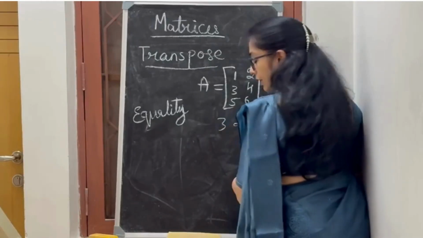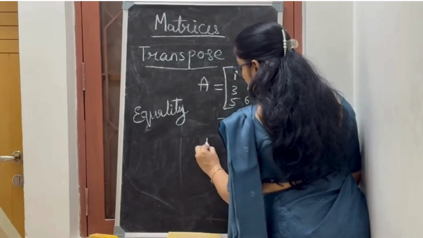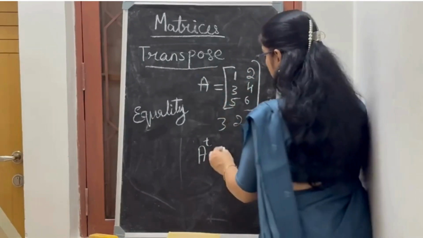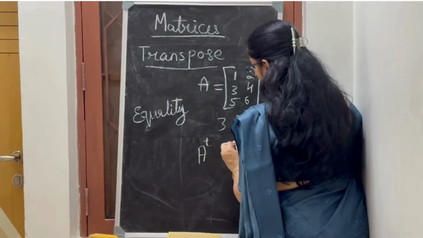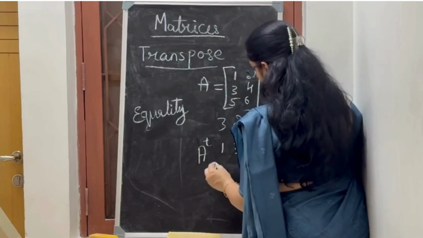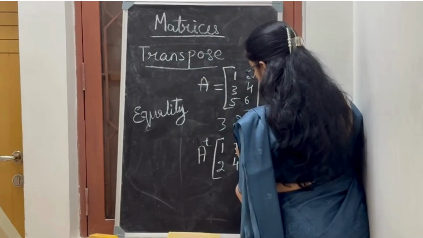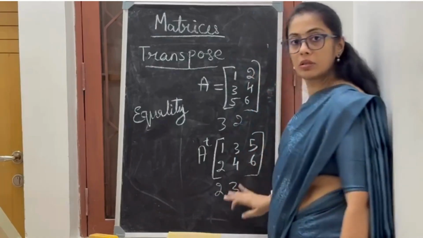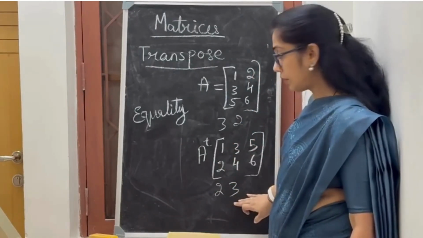Now A to the power of t means the transpose of matrix A. So here I have to change the rows. I will write 1, 3, 5, 2, 4, 6. What did I change? Now it is 2 rows and 3 columns. I changed the rows and columns.